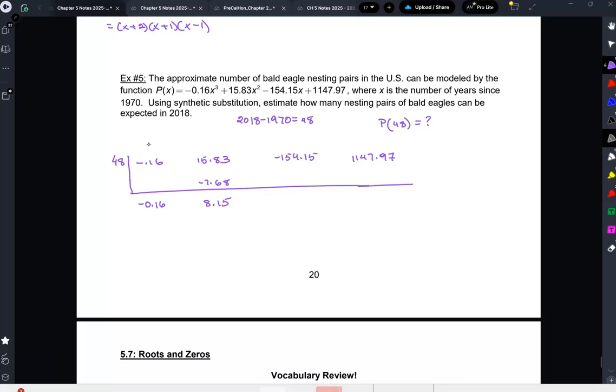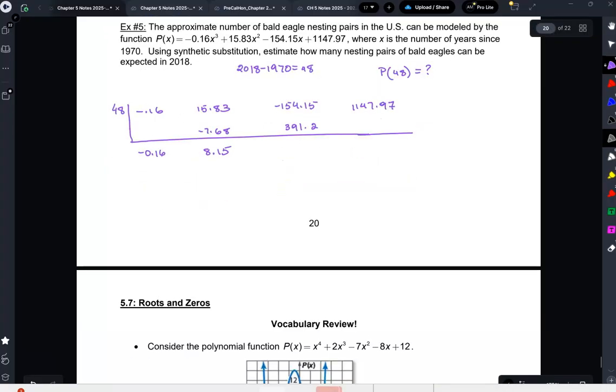We multiply 391.2. We add 237.05. Multiply, it's a big number.